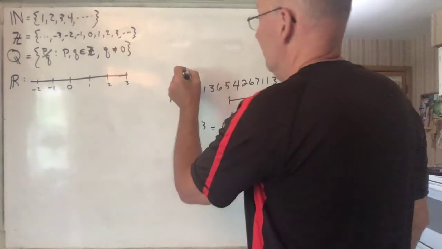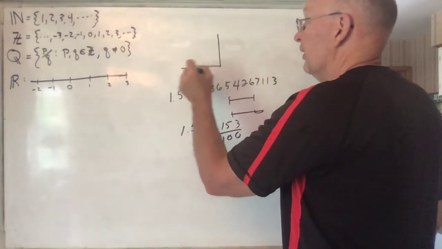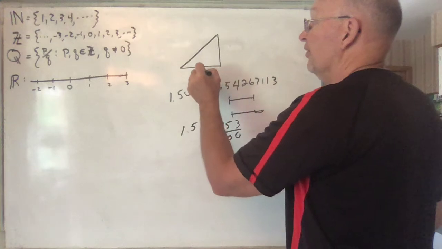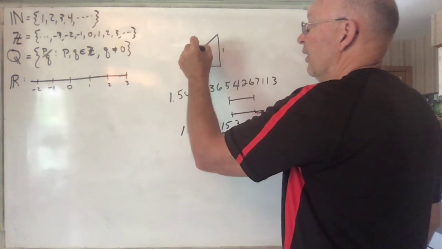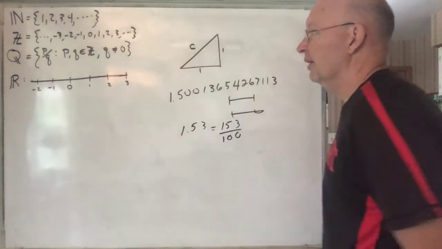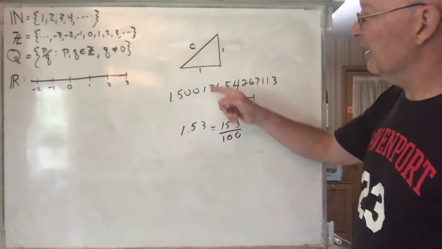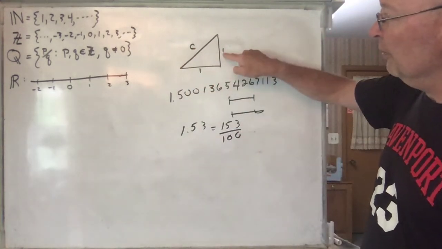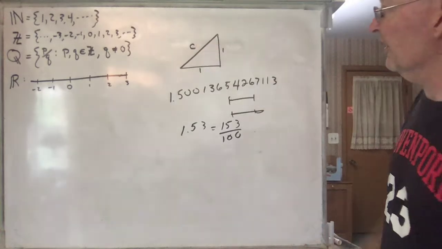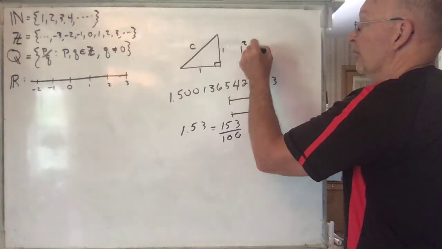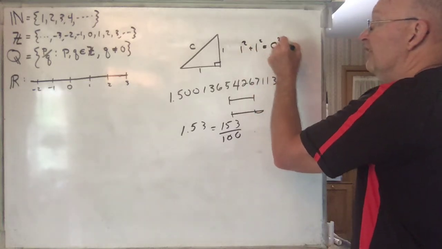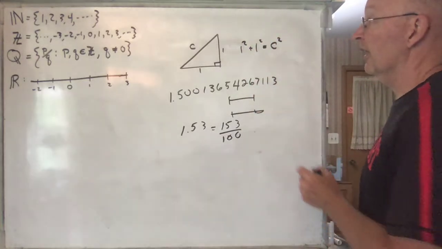He said, okay, remember the Pythagorean theorem. The Pythagorean theorem says that if you have 3 sides of a triangle, let's just call this C for the last side here, then this thing squared plus this thing squared equals this thing squared, if it's a right triangle. So 1 squared plus 1 squared is equal to C squared for this particular triangle.